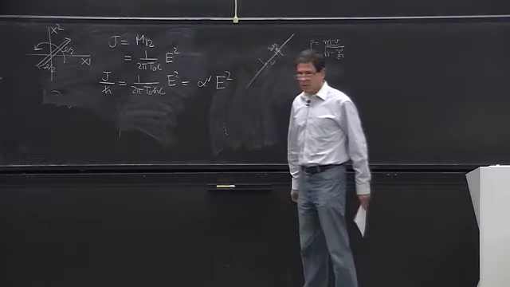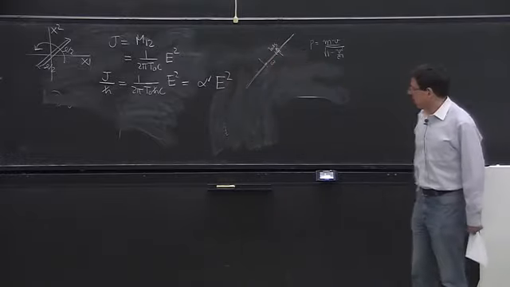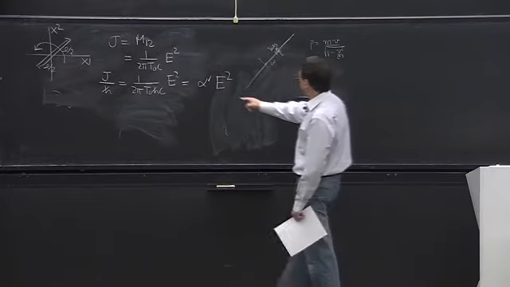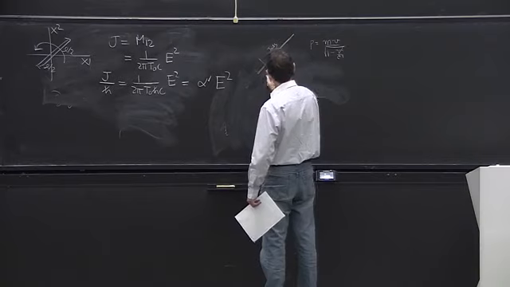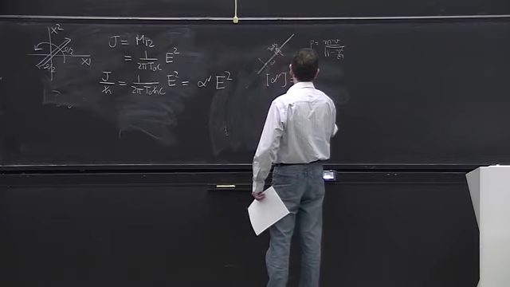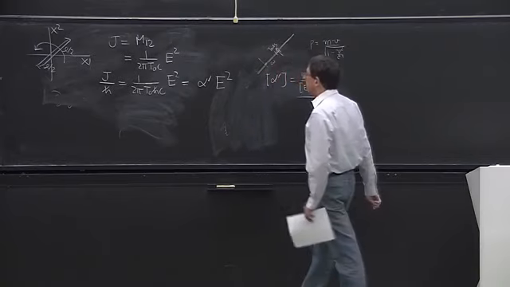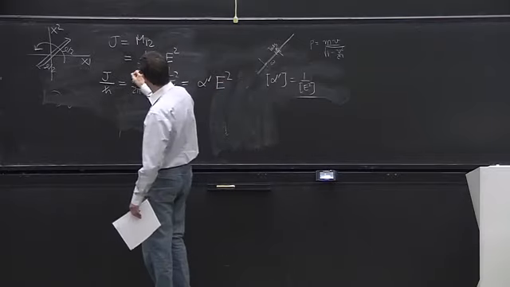That's sort of how string theory began. This alpha prime has units of 1 over energy squared, because this has no units.